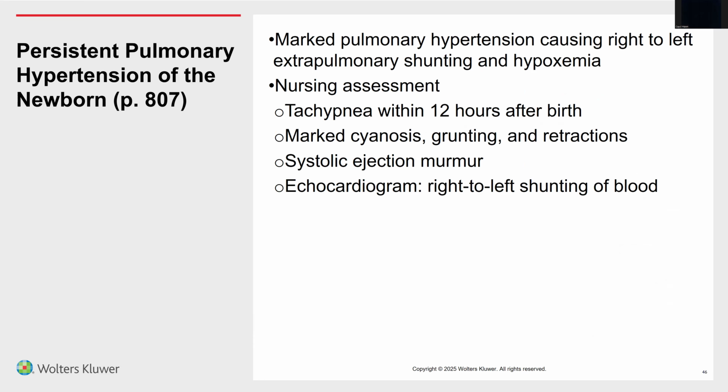Persistent pulmonary hypertension of the newborn is marked pulmonary hypertension causing a right to left extrapulmonary shunting and hypoxemia. On assessment, you're going to see tachypnea within 12 hours after birth, marked cyanosis, grunting, and retractions. You will be able to auscultate a systolic ejection murmur, and an echocardiogram is going to show right to left shunting of blood.